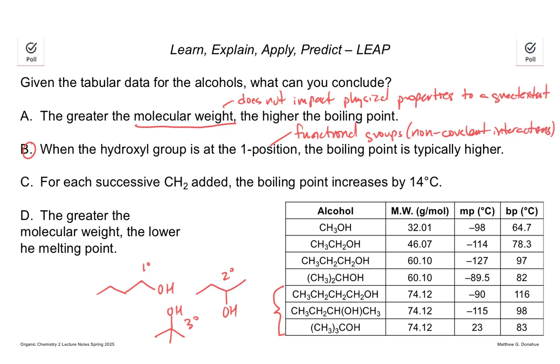The most common one that you know now is hydrogen bonding, so donating and accepting. When we get into module 5, we'll learn about other more subtle ones. But the sum of all those subtle non-covalent interactions leads to the changes in physical properties.